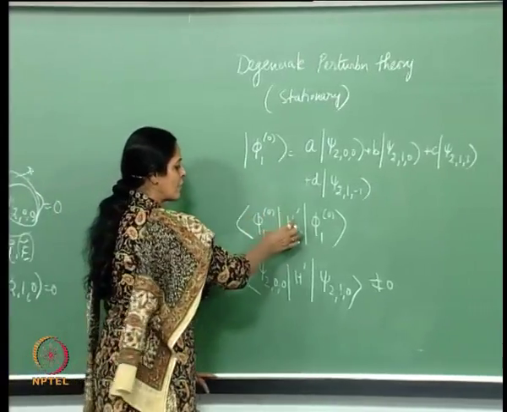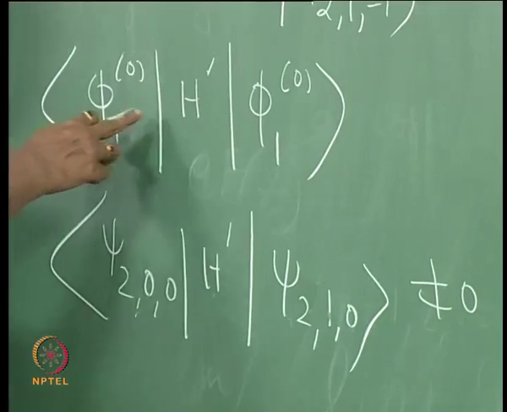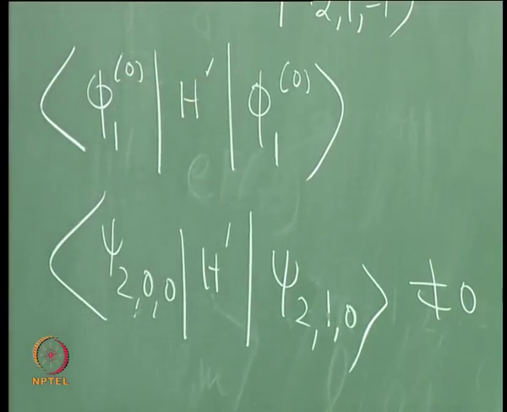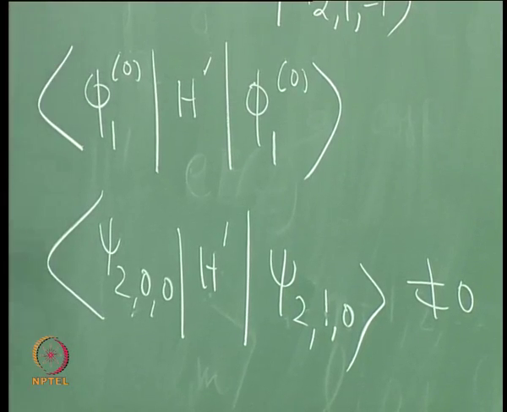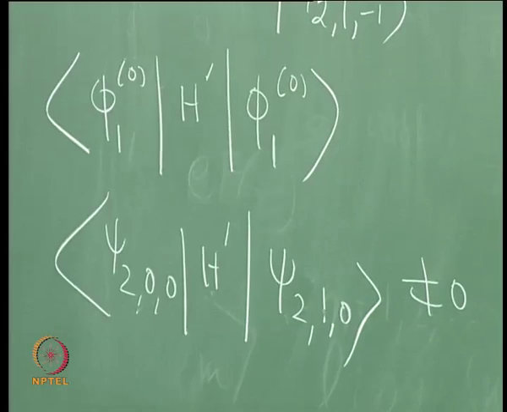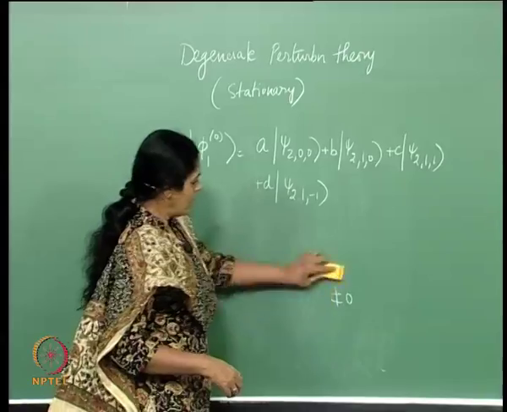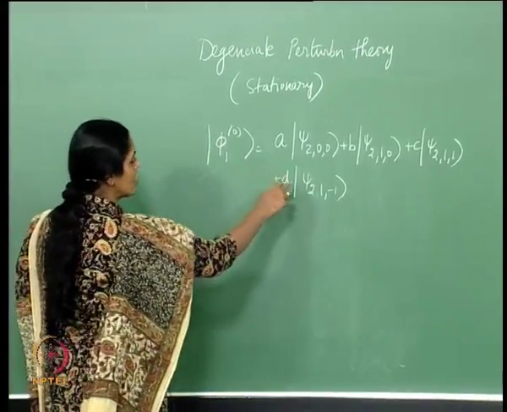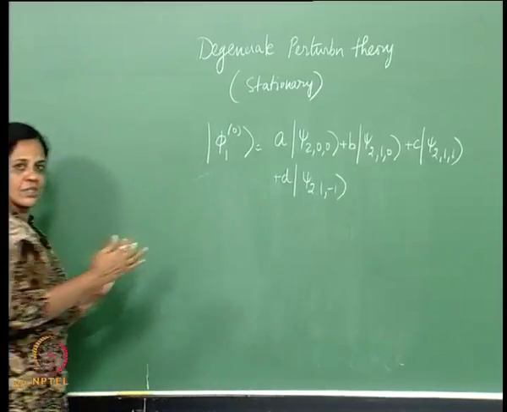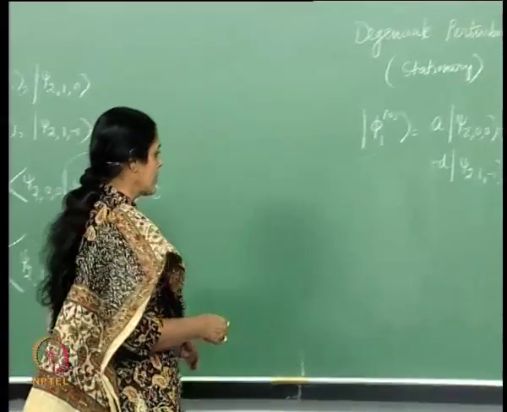And since such matrix elements do not vanish, I would imagine that the first order contribution to the energy would be different for different superpositions, thus lifting the degeneracy. But what are these contributions? I can only include such contributions where the matrix element of the Hamiltonian between the unperturbed states is non-vanishing.